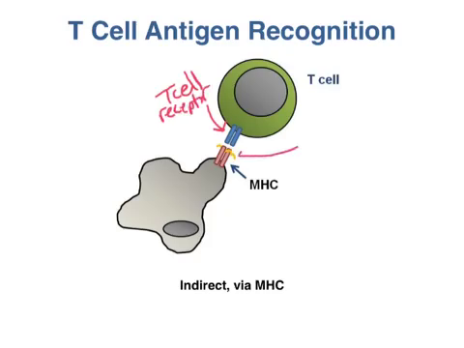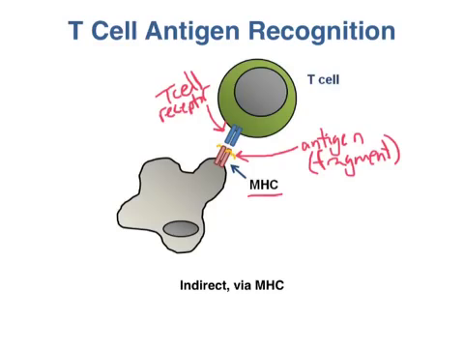And on the other cell, you have MHC, and that MHC is holding this squiggly little yellow fragment. That's the antigen. So that's like a little tiny piece of one protein from that bacterium. That's what the T cell is recognizing.